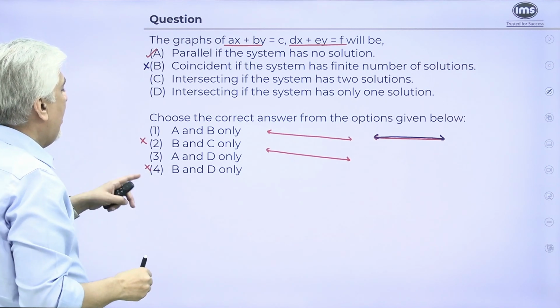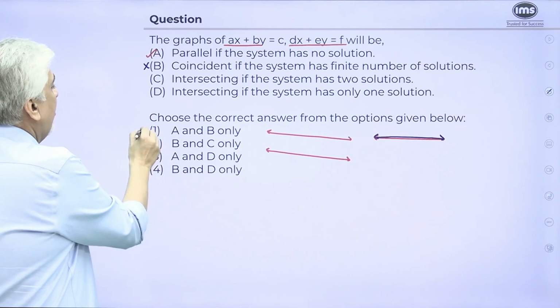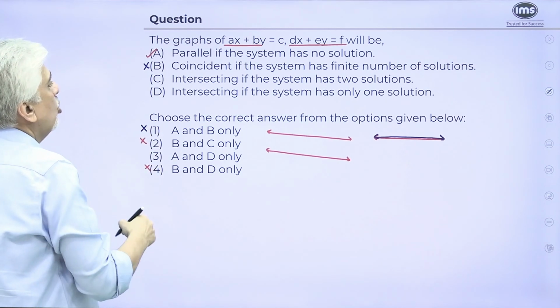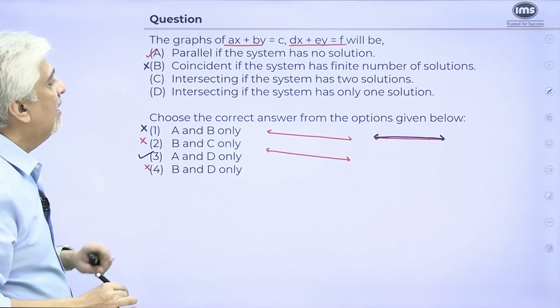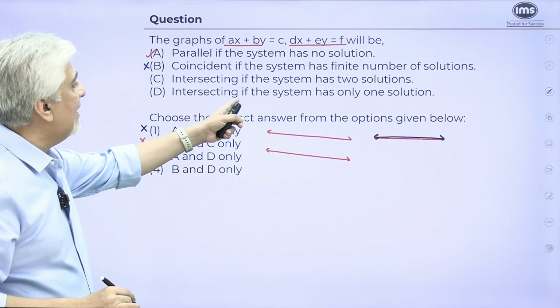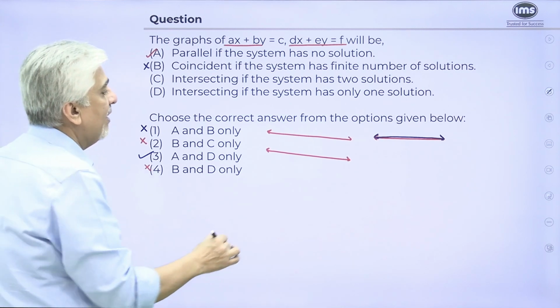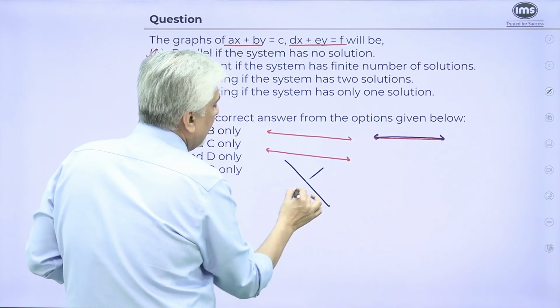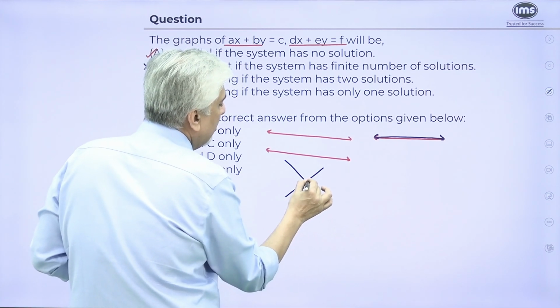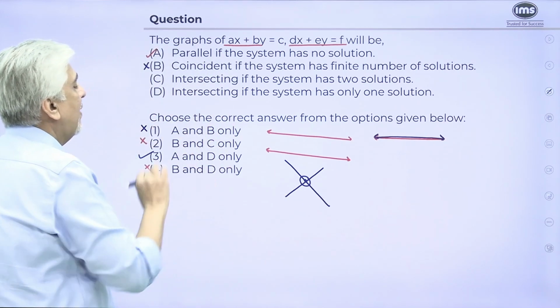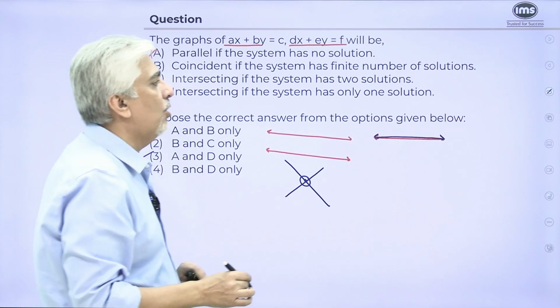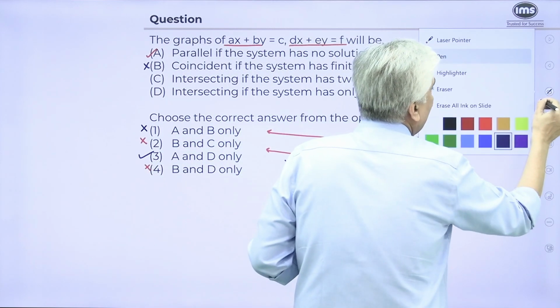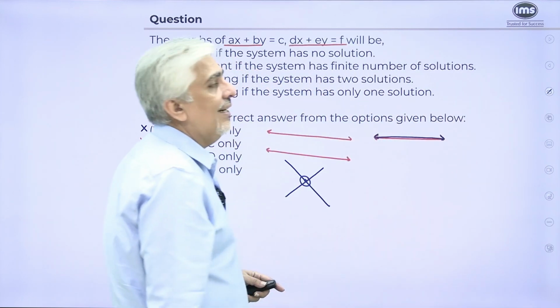Now, if A is correct and B is incorrect, option 1 is also gone. So I don't even need to read the other ones. I know the answer has to be the third option, but I can check D also. Intersecting if the system has only one solution. When they intersect, there is only one solution, and that is why D is correct. I just checked it for myself, but otherwise there was really no need to check. Because from the options I understood what is correct. Right, let's go ahead.